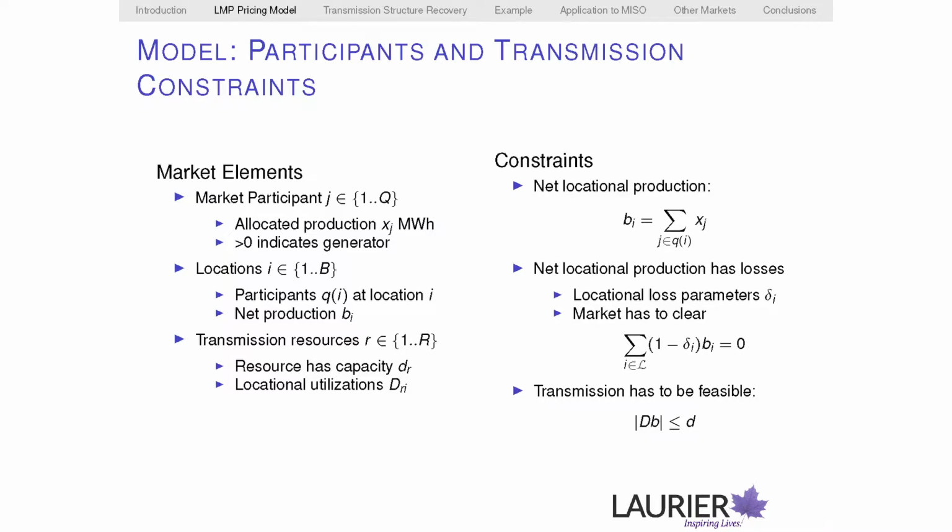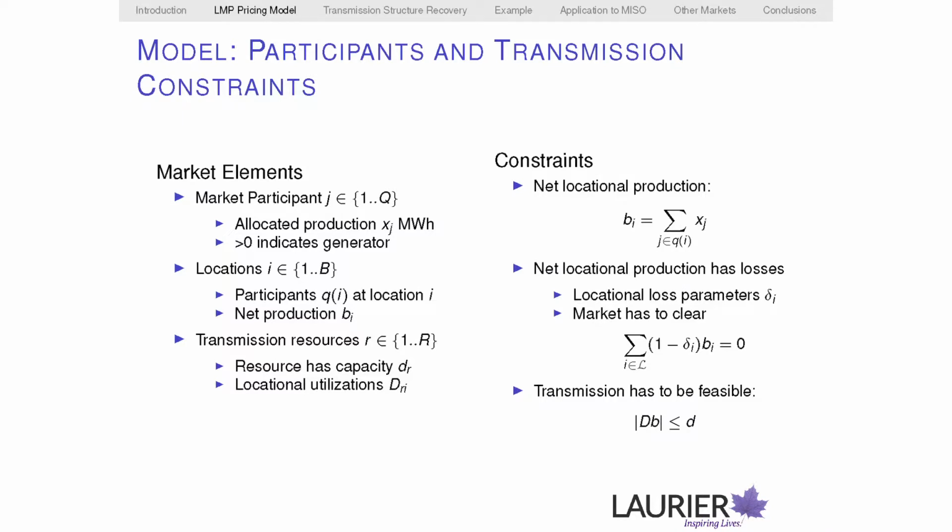Then we also use the same format for losses that is used in the MISO electricity market, where each location is assigned a loss parameter. This loss parameter says, for each megawatt you generate, what is the proportion of electricity that's lost to heat?